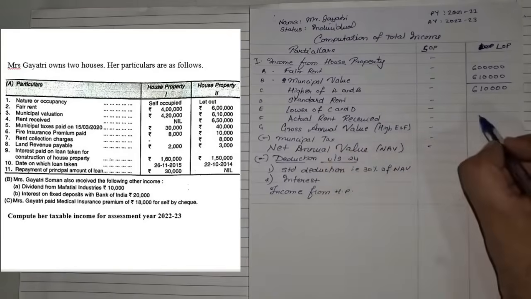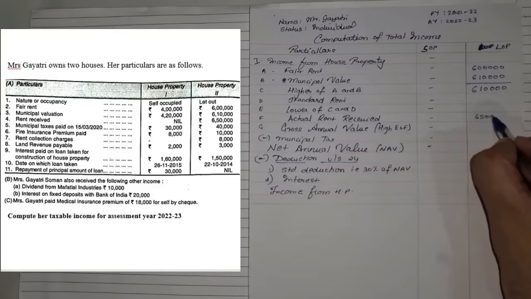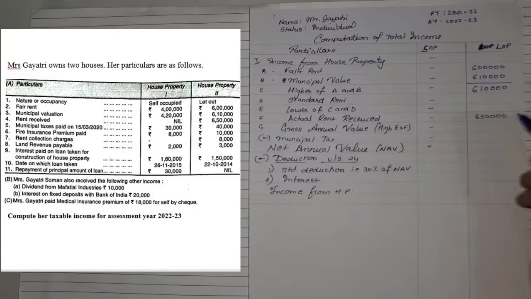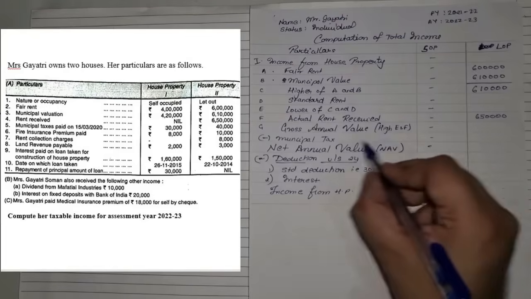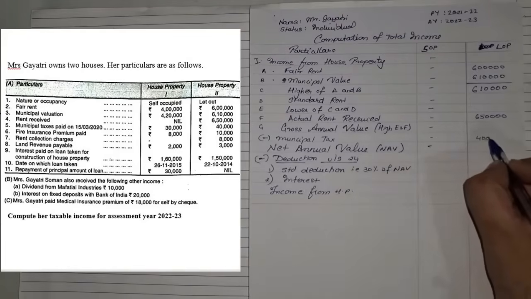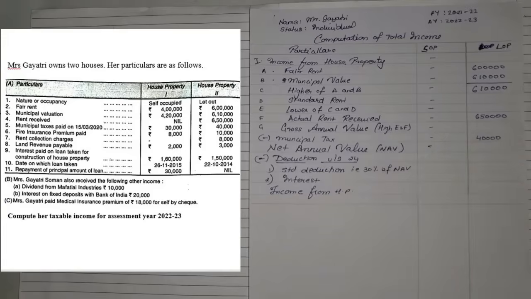Whatever data has been given, we are just posting it down. Next is municipal tax paid, 40,000. The rule is municipal tax has to be paid by the owner, and it also needs to be actually paid. No outstanding will be allowed or noted down here.